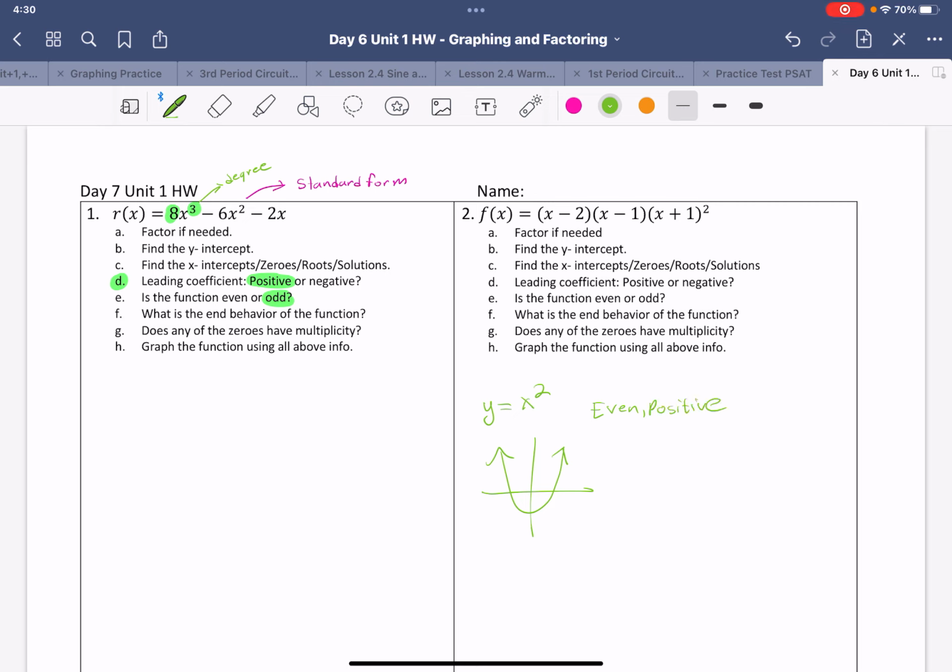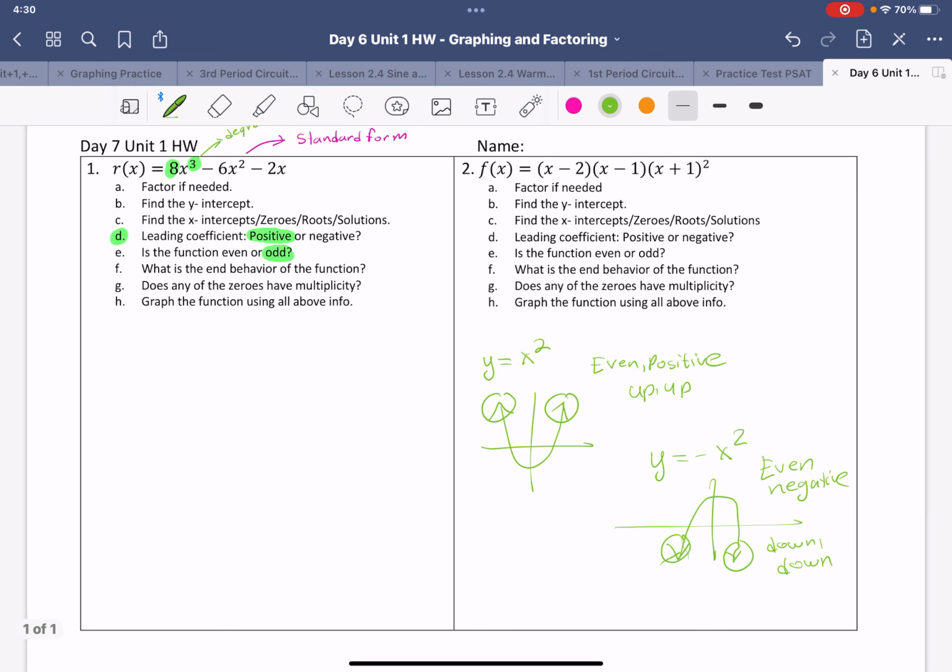So that means the behavior is going to be up and up, is what I call it. If I made it negative, it flips the graph down. So this is even and negative. I call it down, down. And I'll get to the fancy notation later.